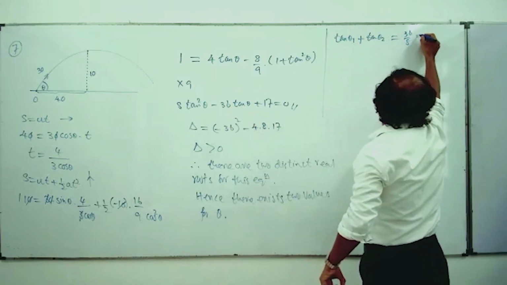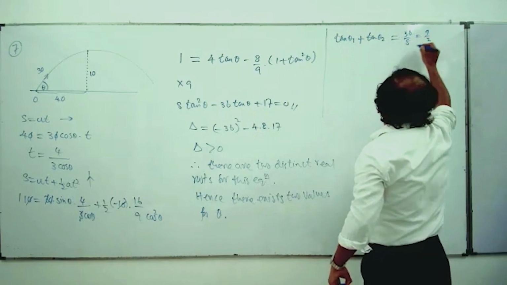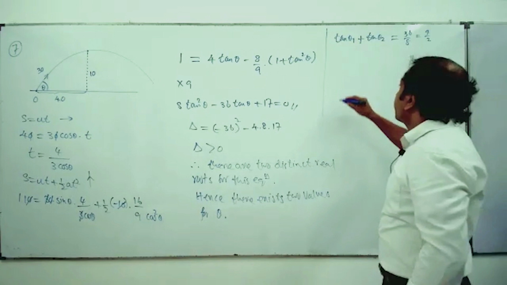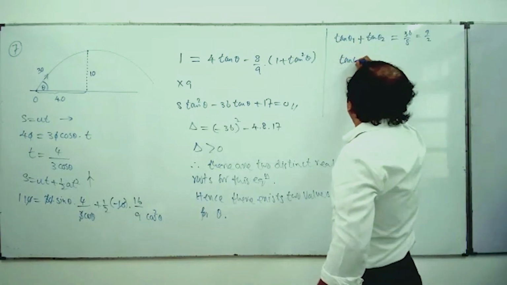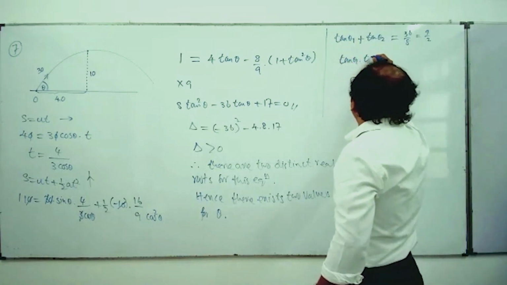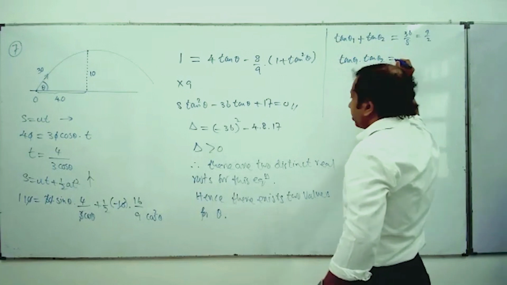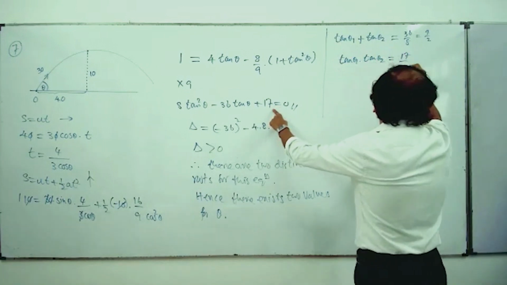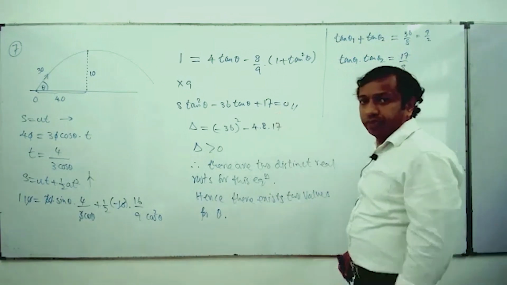See, cancelling 9 by 2. Product of the roots, tan theta 1, tan theta 2, is c by a, 17 by 8.